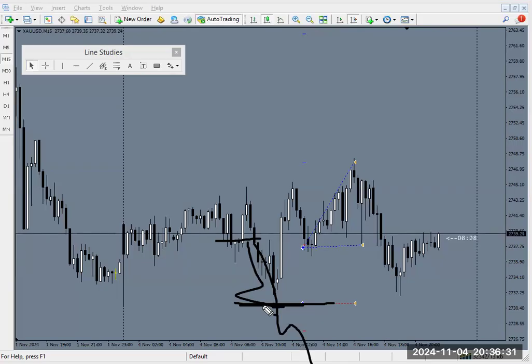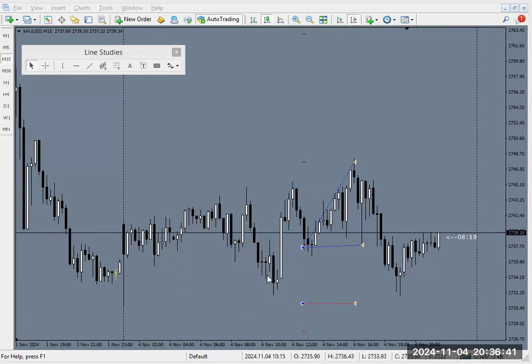But it's always good to put in your stop loss because nobody on this earth knows what the market will do. You can only say the likelihood of something happening, the probability of something happening as against the other, is higher.